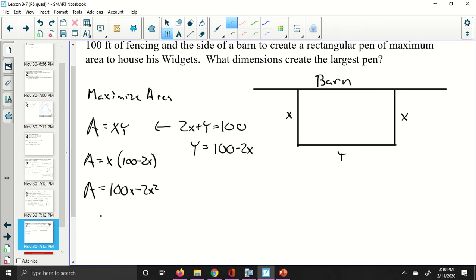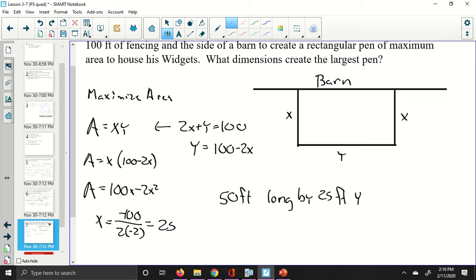And when I find my axis of symmetry, x equals negative b over 2a, which would be negative 100 over 2 times negative 2. That'll give me 25. And so my x is going to be 25. My y is going to be 50. And so it's going to be 50 feet long by 25 feet wide.